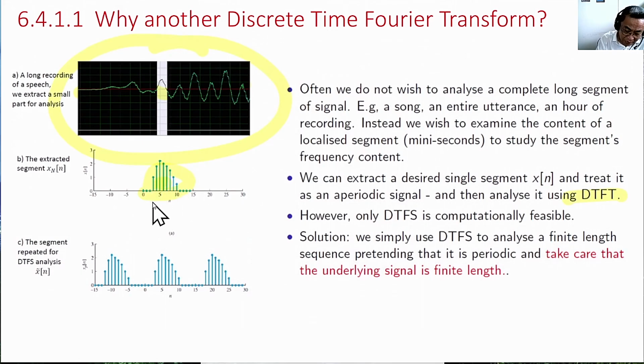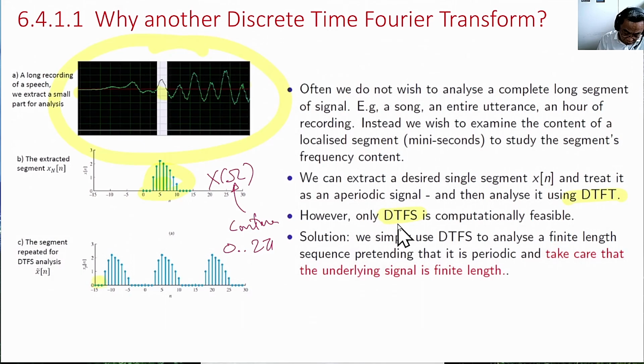But when you do that, you realize that you are trying to take X of omega, and omega is continuous from 0 to 2 pi. And that is not computationally feasible as well. The only computationally feasible approach is to do DTFS. So what does DTFS do?